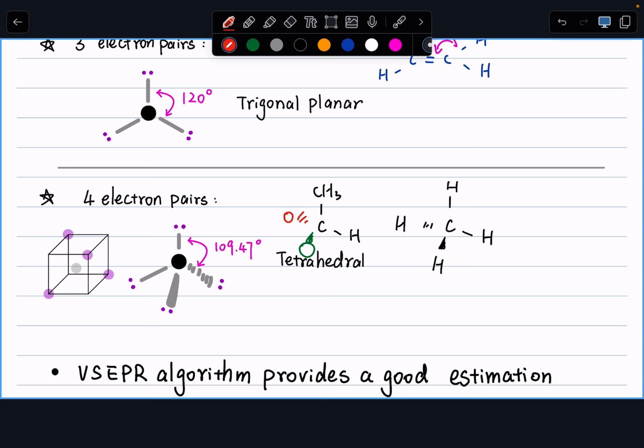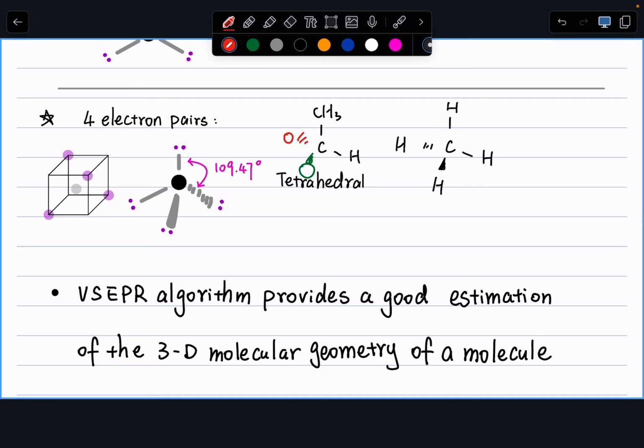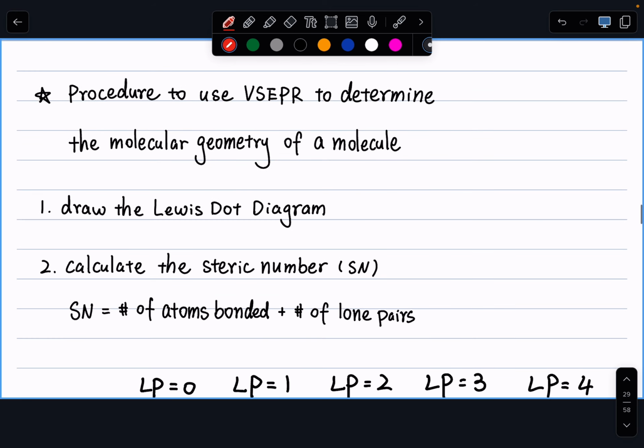All right, so back to VSEPR. Basically VSEPR is just an algorithm that gives you a reasonably good estimation of what the 3D geometry of the molecule looks like. There are several general rules you can use to best use VSEPR. There are two steps to determine the shape of the molecule using VSEPR.